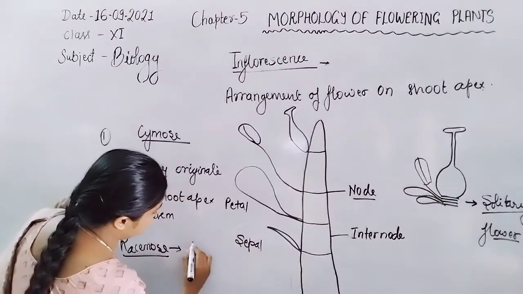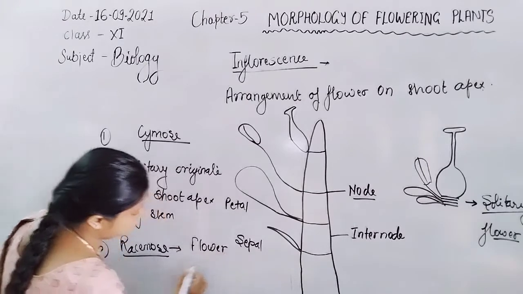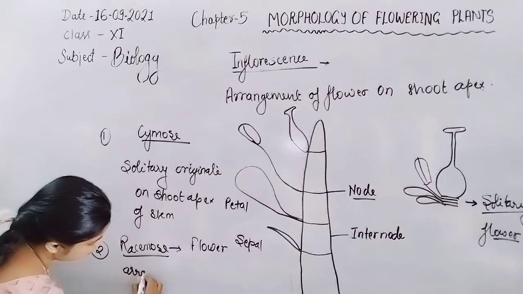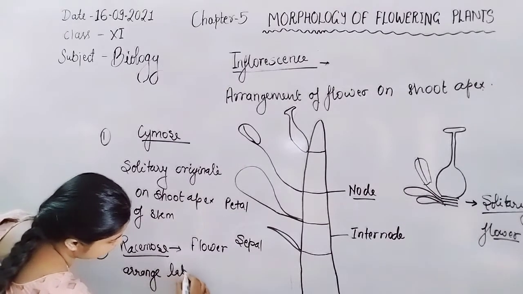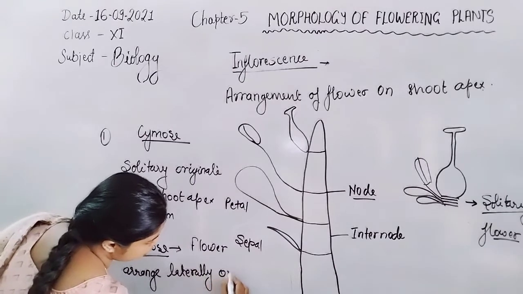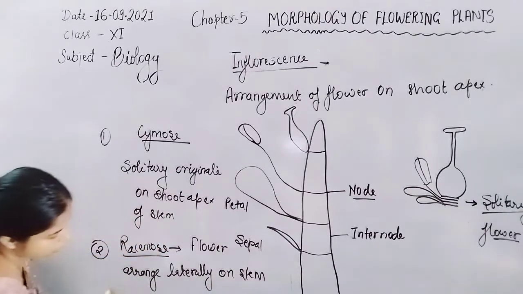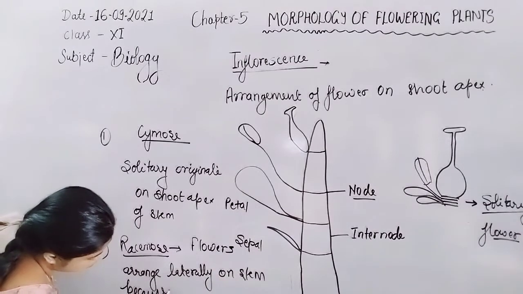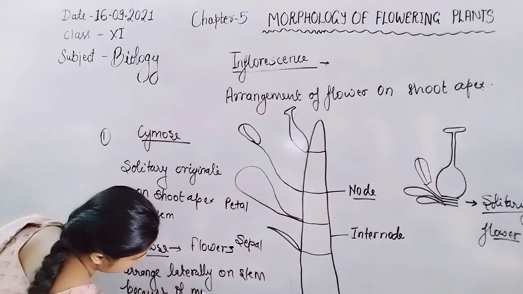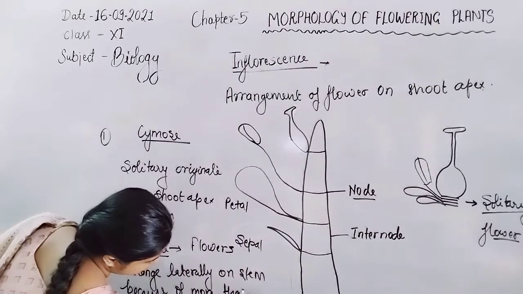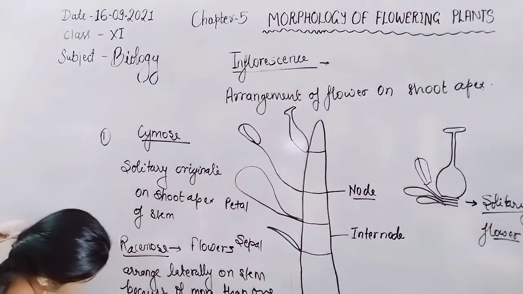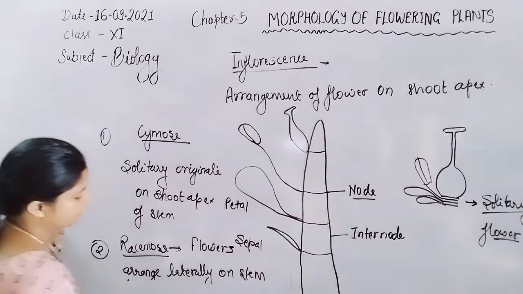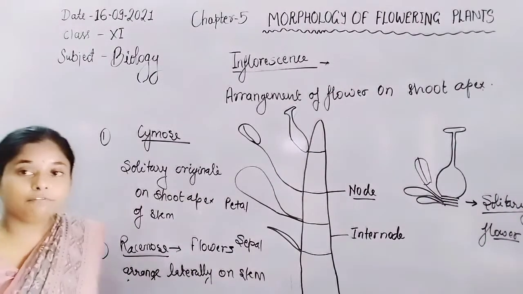So the flowers are arranged laterally on the stem, because more than one flower is represented by such type of racemose inflorescence.